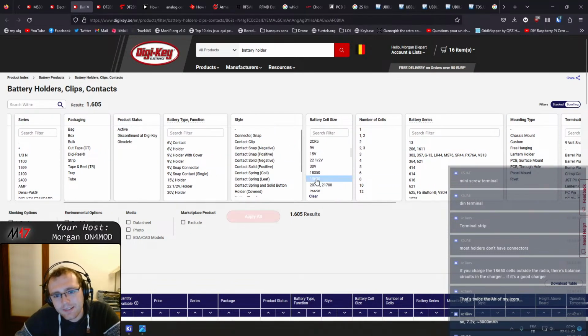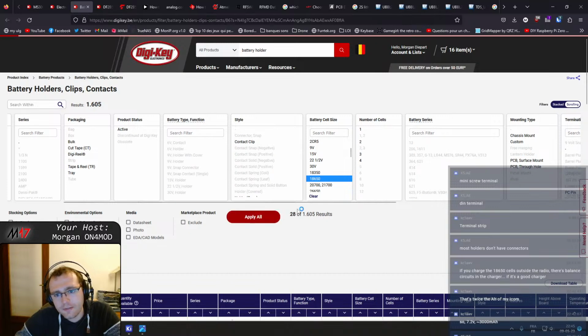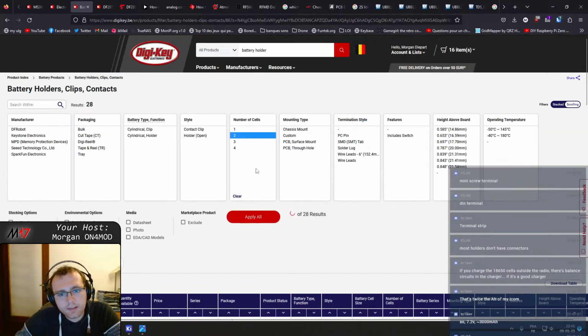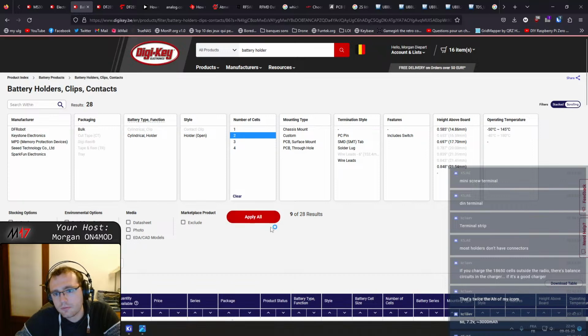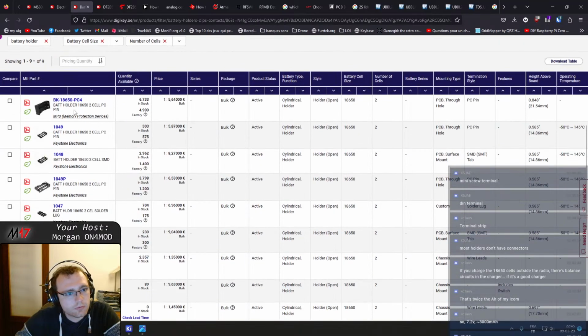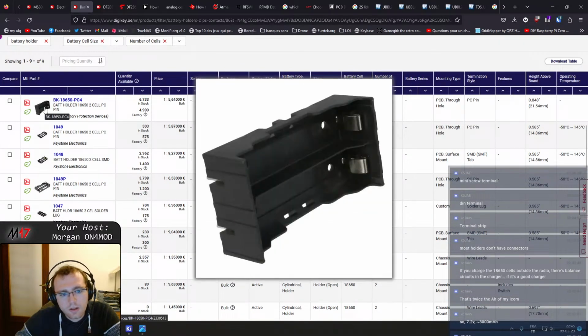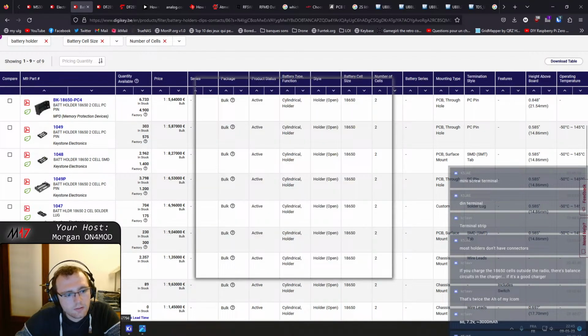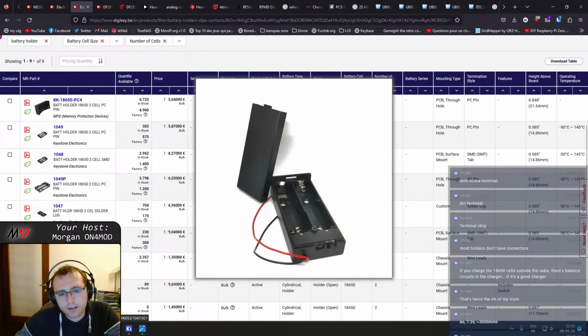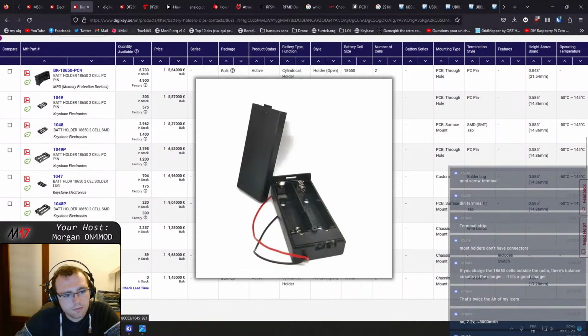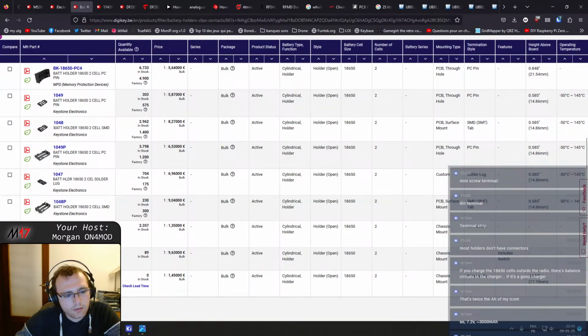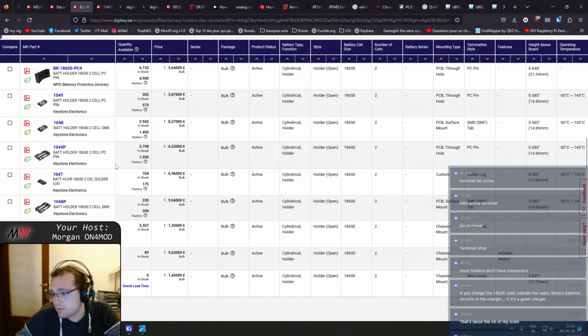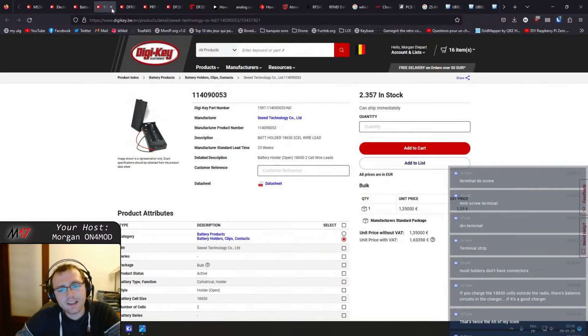Battery cell size 18650. Number of cells 2. Oh, that's nice. Terminal the screw. Yes, my Franglish is very good.